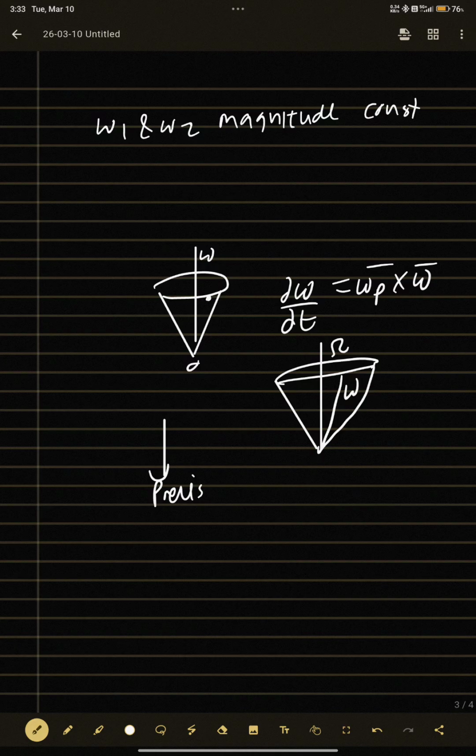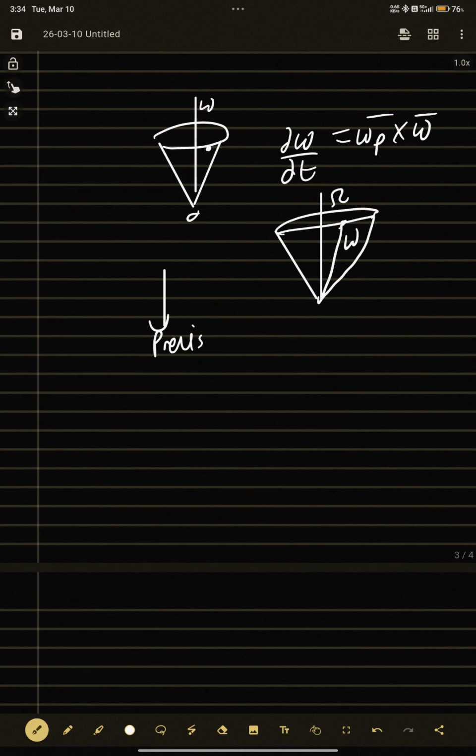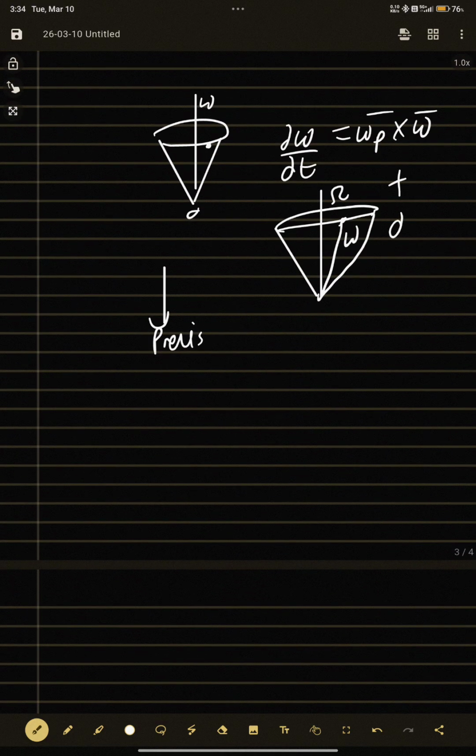सिमिलर टू द फिक्स्ड एक्सिस, कोई वेक्टर है जो एक सर्टेन एक्सिस में ओमेगा से रोटेट कर रहा है, तो उसका रेट ऑफ चेंज क्या हुआ? ओमेगा क्रॉस, जस्ट बिकॉज ऑफ द डायरेक्शन चेंज। अगर मैग्नीट्यूड भी चेंज होगा तो you will also have to write plus d omega dt in this particular frame, ओके, due to the magnitude change.